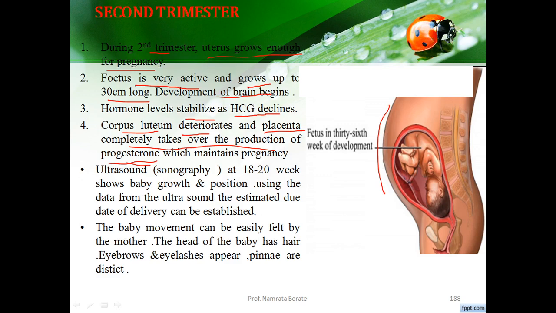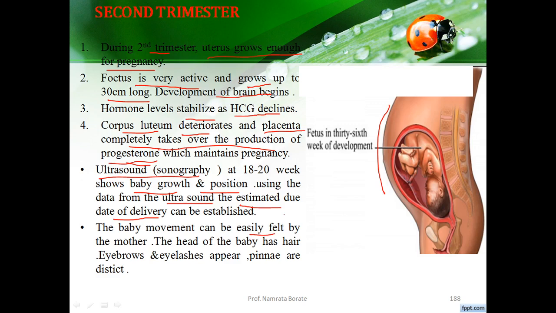The most significant phenomenon in the second trimester is the ultrasound sonography at 18 to 20 weeks, which shows the baby's growth and position. Using the data from the ultrasound, the estimated date of delivery can be established. The baby's movement can be easily felt by the mother.